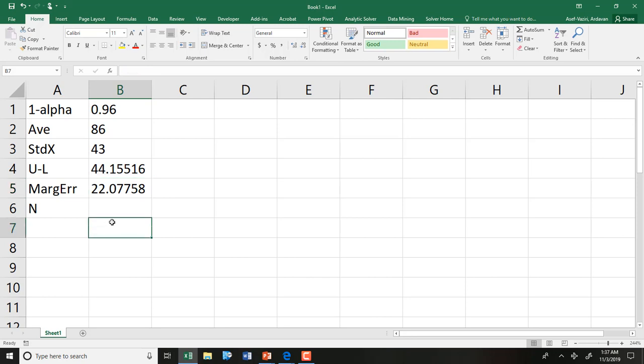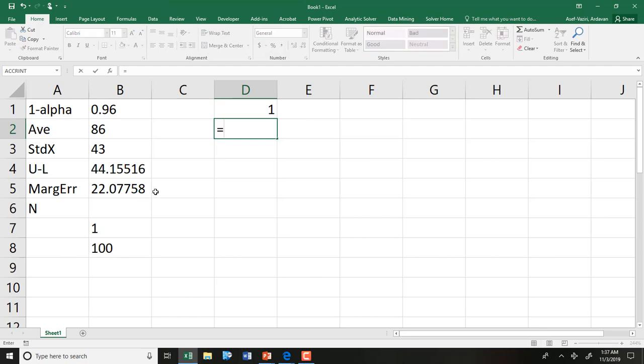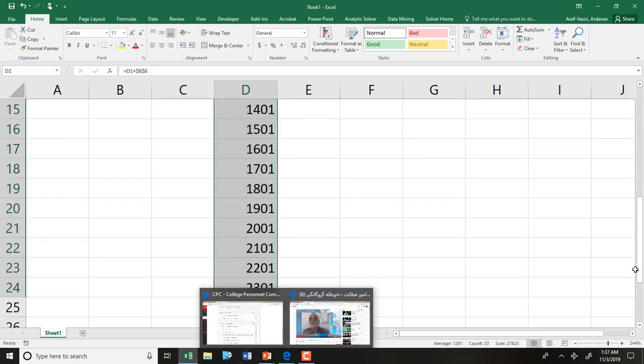Here I type 1 and here I type 100. You can type anything else as long as the first one is small enough and the second one is large enough. Equal to this one, and then equal to this one plus this 100, and lock it, because I'm going to copy it down, and then you may copy it down as long as you want.